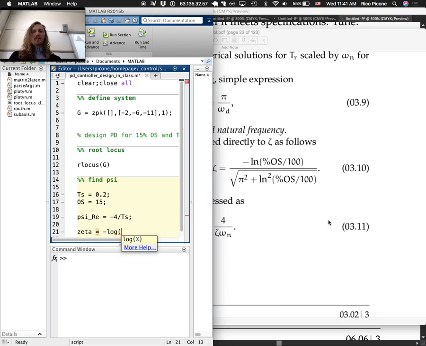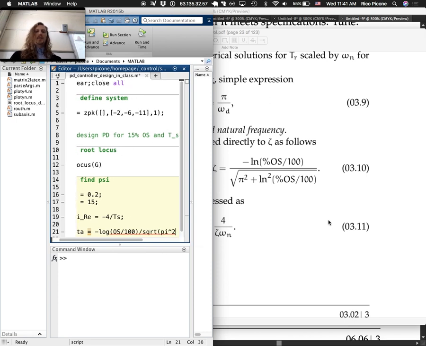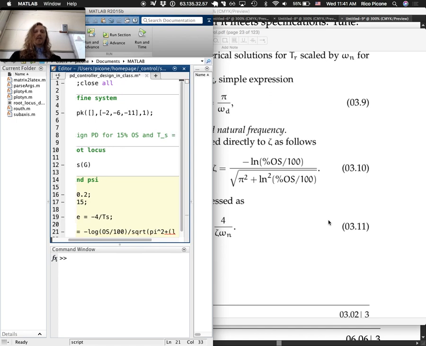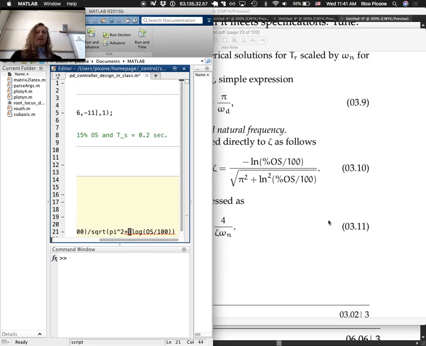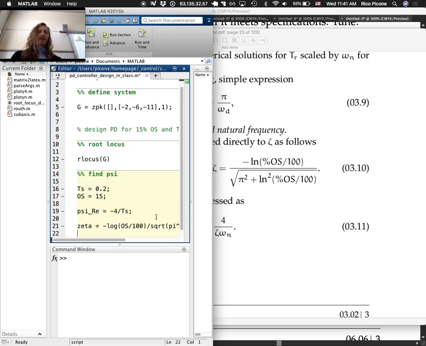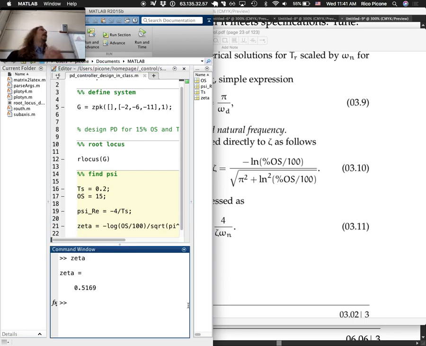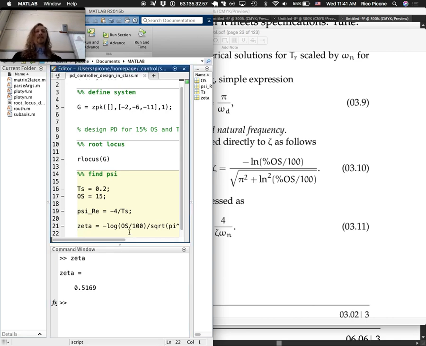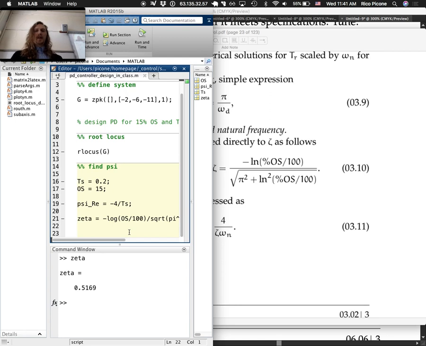Negative log of overshoot divided by 100, divided by the square root of pi squared plus log of overshoot divided by 100, squared. So there's our zeta. Our zeta is 0.52, which sounds about right. That passes the BS test.